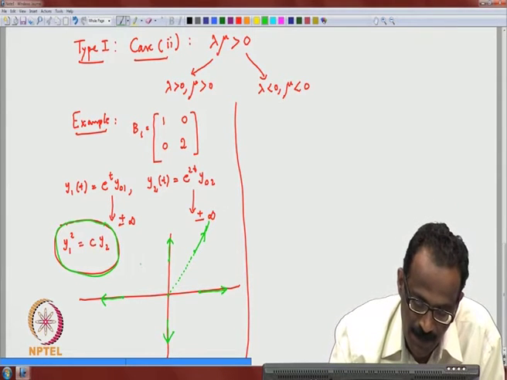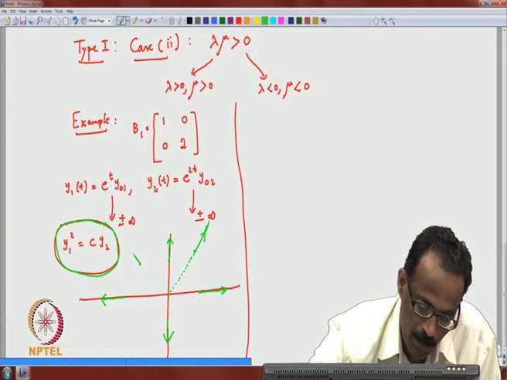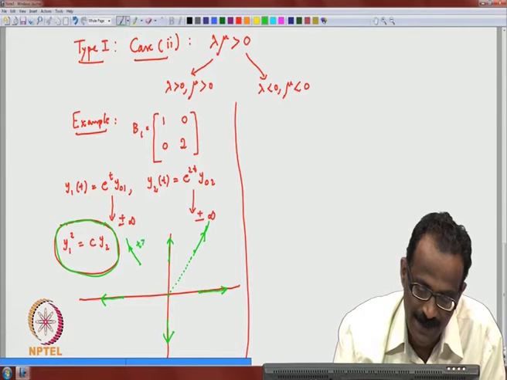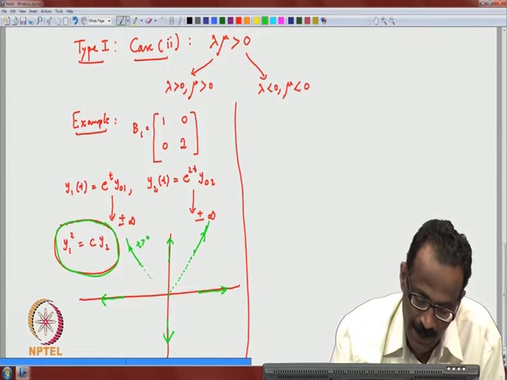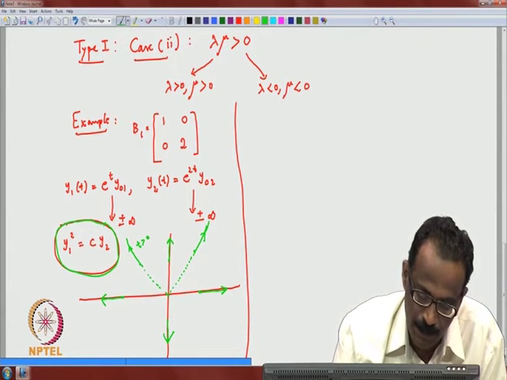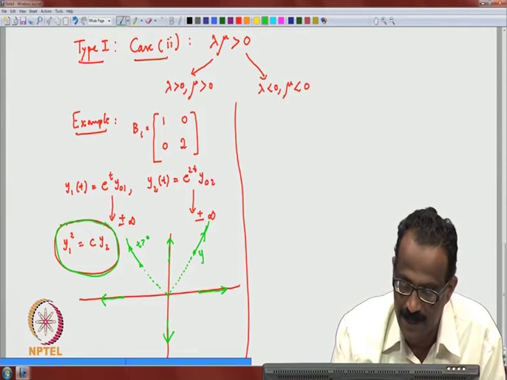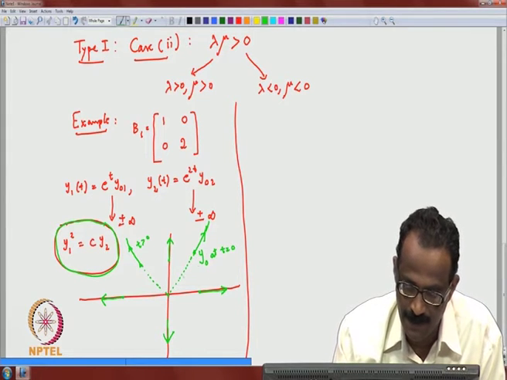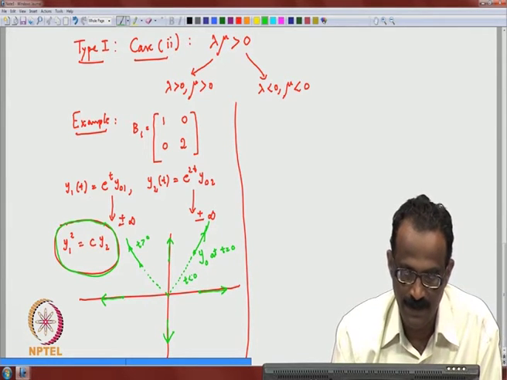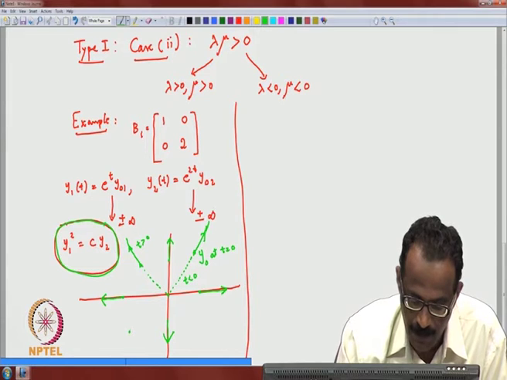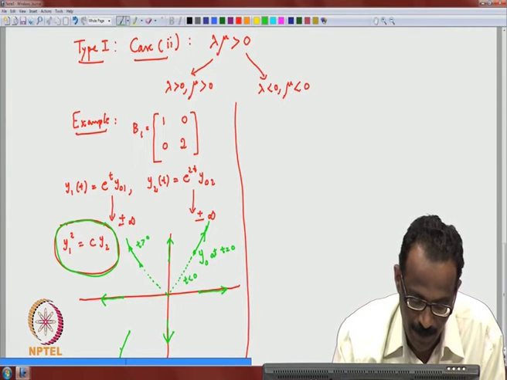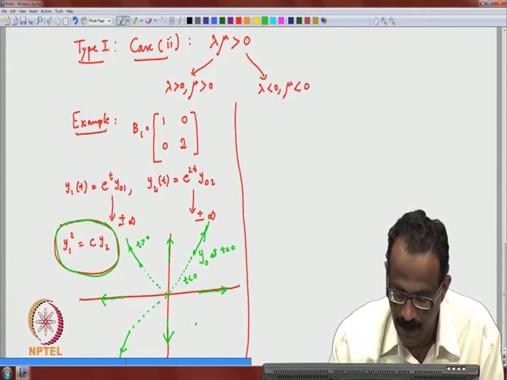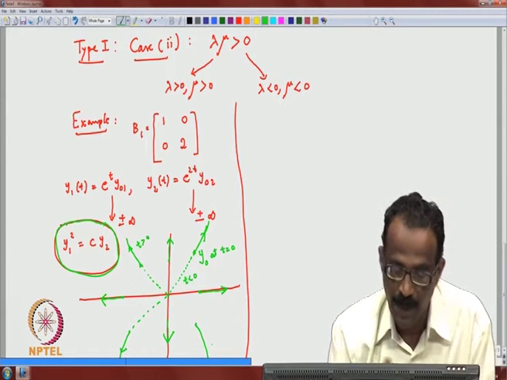If you start from here, it will again move here, this is for the t positive side and this is for the t negative side. This point is your y naught at t equal to 0. This is for the part t negative. So, if you move from here, again it will move along the parabola, this is the region. If you start from here, it will move. The parabola may change.